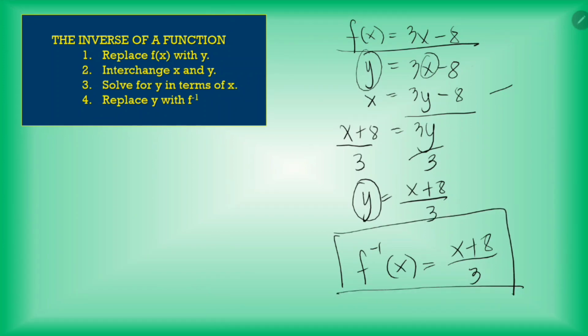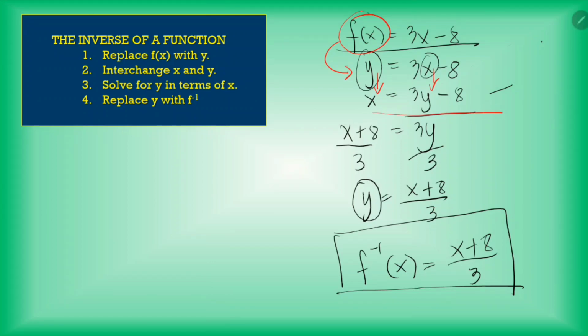So again, first, replace f of x with y. Second is to interchange x and y. So we make y to x and then we make x to y.